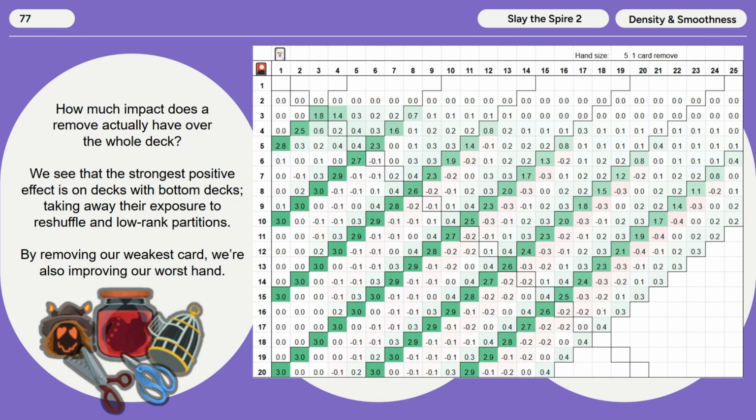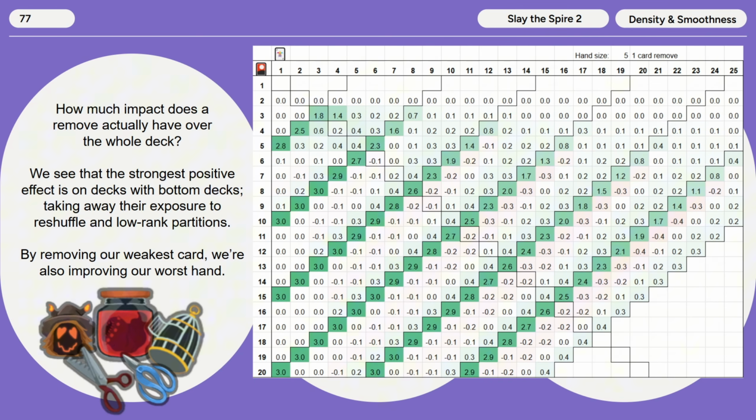A remove. What impact does a remove actually have on the whole deck? This graph shows the change in surplus if you were to remove a low quality card from the deck, a red card in this paradigm. We see that the strongest positive effect is on the deck that's already in the bottom deck situation. So for a deck that's at exactly 16 cards, or 21 or 26 cards, the remove is really impactful because it undoes that bottom deck shock.